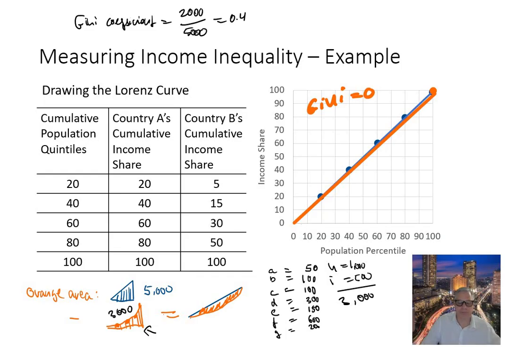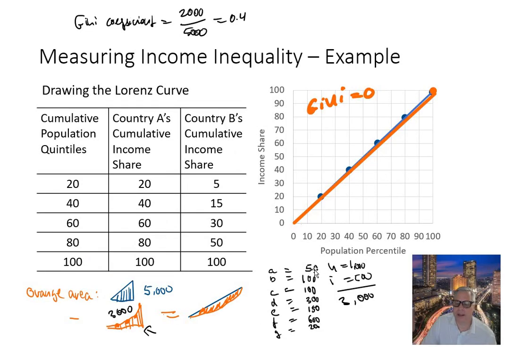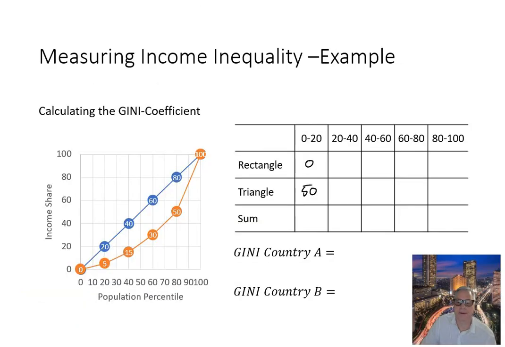Okay, so now we can summarize that again here. So that's just what we just did. So we always had the rectangle and the triangle, and between 0 and 20 there was no rectangle, so that area was 0, and then we had here 50. Then we had 100 and 100.